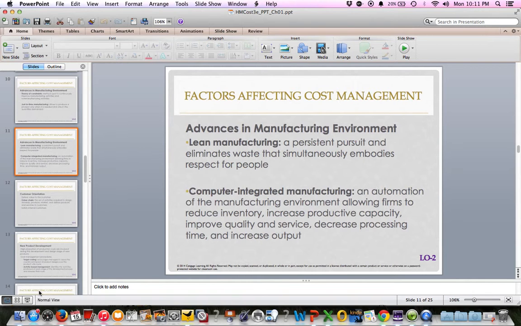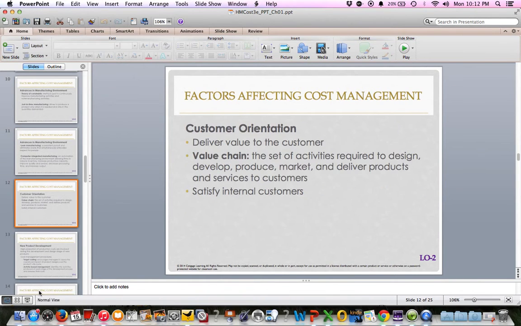And then automation, of course, has become a very big deal, using robotics, using sophisticated software, and trying to reduce the amount of inventory we have to hold on to, while at the same time trying to increase capacity, improve quality, and increase output. Technology has really been driving some of these things over the last few years.